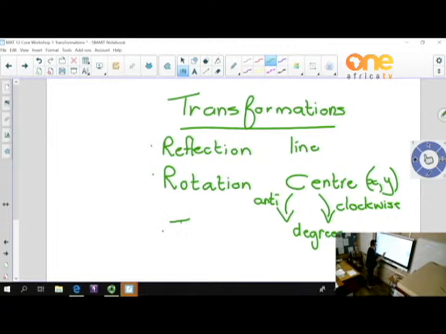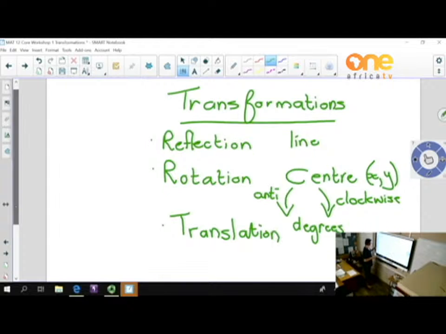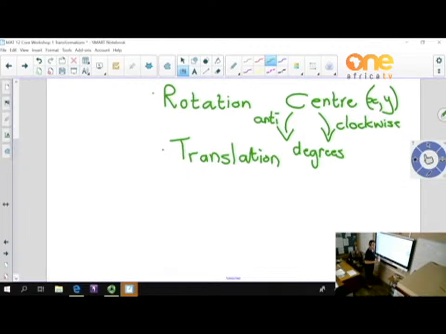The next one is a translation. And a translation is like when you play chess. You slide it in a certain direction. We do a translation with a column vector, and it is x over y.